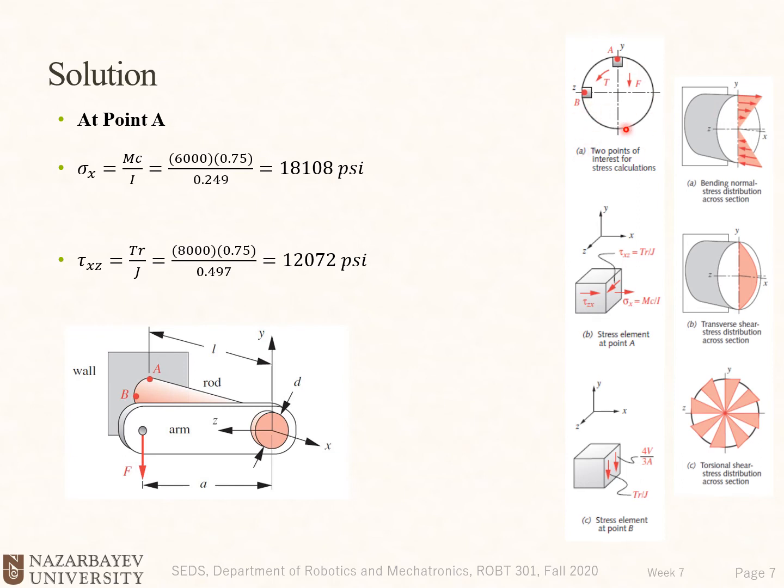Here we have our cross section at the base that includes points A and B, and for each of these points we have a stress element. Okay, so the gray square here shows the stress element. And each of these elements needs to be completed by stress components. So this is a stress element at point A, and this is a stress element at point B, okay? So this cube is this square here, and this cube, this square here.